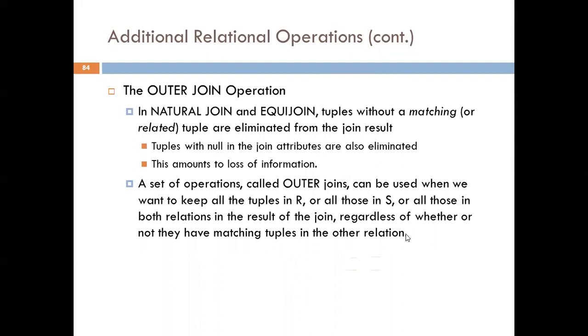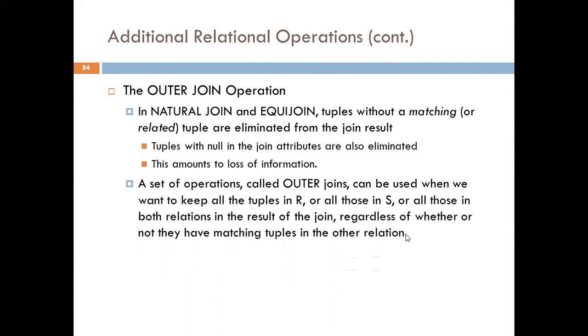The next concept we have is outer join. So far we have studied the Cartesian product and the join operation. Cartesian product is just the combination of a tuple with all the tuples of another relation, and the number of rows will be equal to the product of the number of rows in both relations.